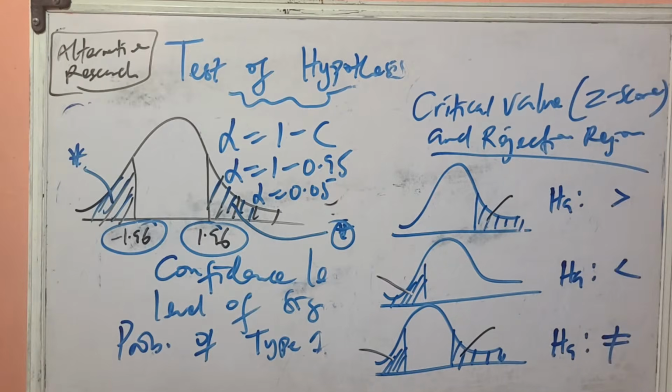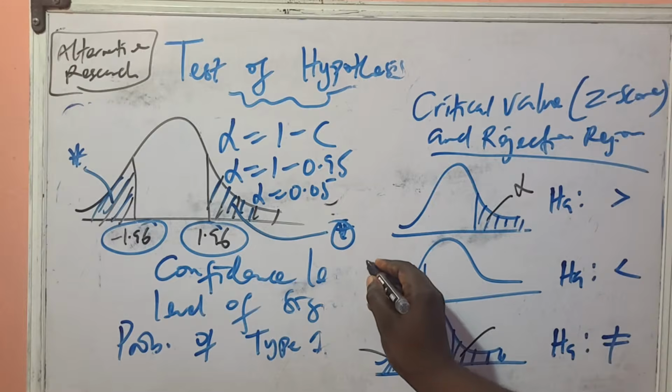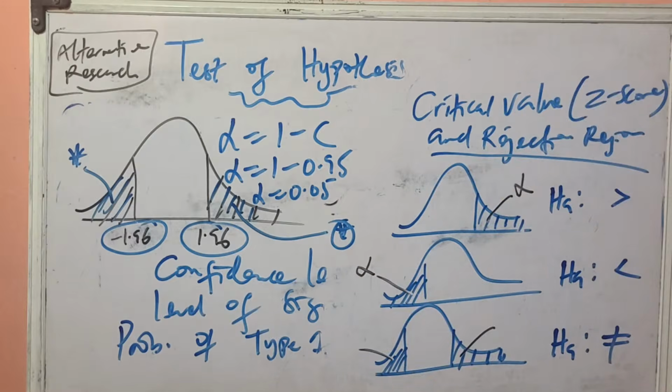All right? The area of this rejection region is alpha. So guys, I want to ask a very vital question here. What's the area of this place? Can anybody tell me what's going to be the area of this place and the area of this place?